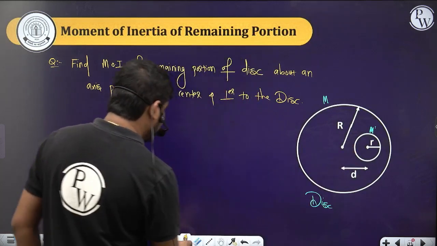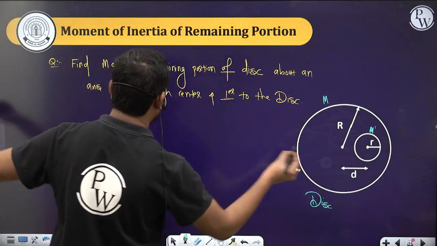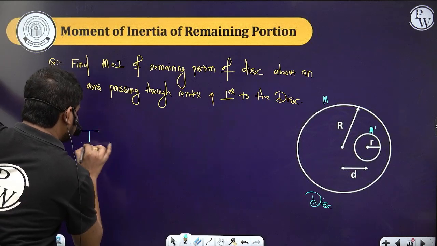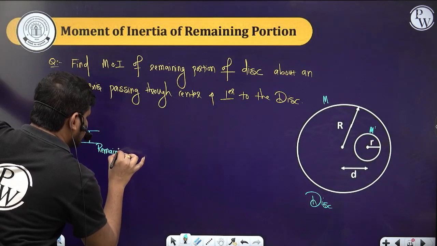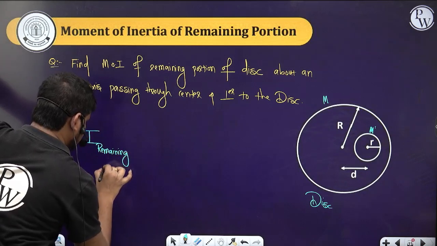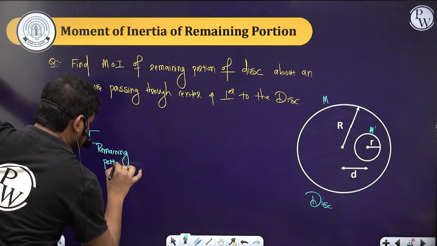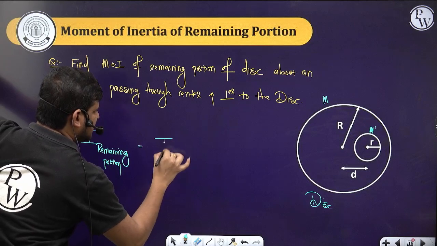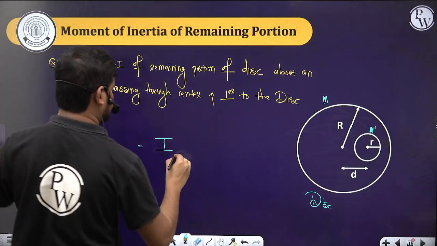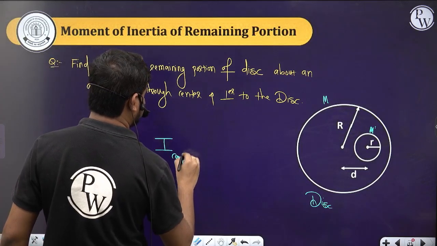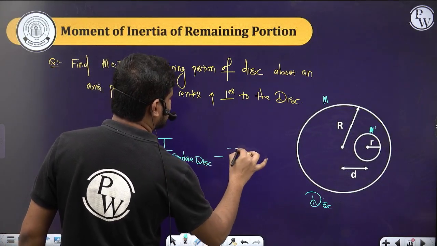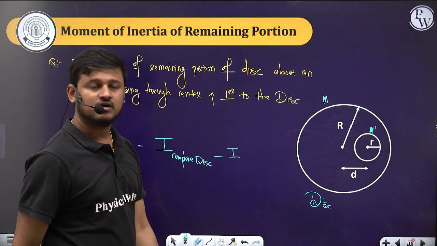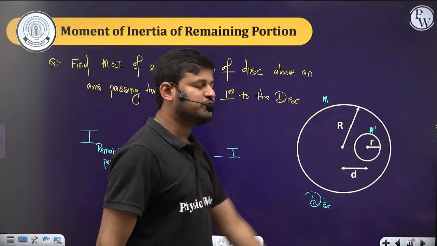The simple formula I'll tell you: the moment of inertia of the remaining portion will be equal to the moment of inertia of the complete disk minus the moment of inertia of the removed portion.